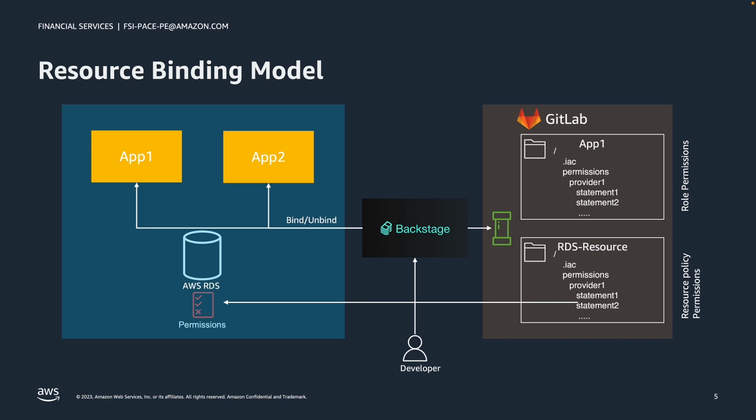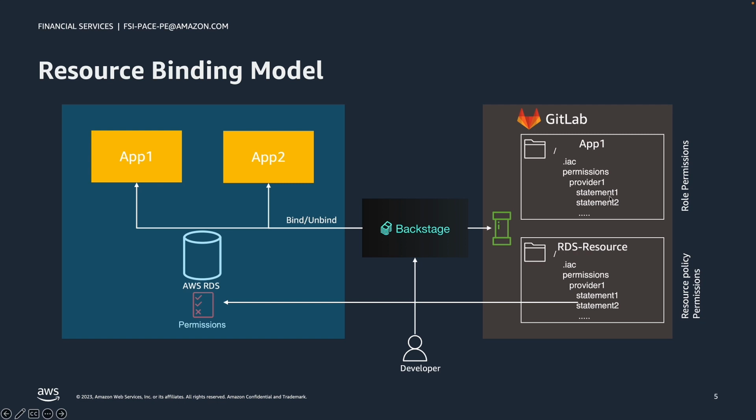Let's take a close look at how resource binding works. On the bottom, we can see the developer expresses an intent to bind an application to an RDS database resource. The binding process creates a new policy statement to grant access to App 1. Then the policy JSON is pushed into the permissions directory under the IaC of the application.